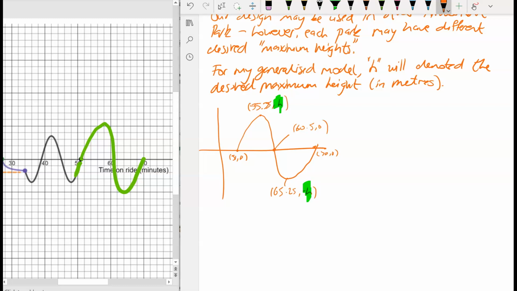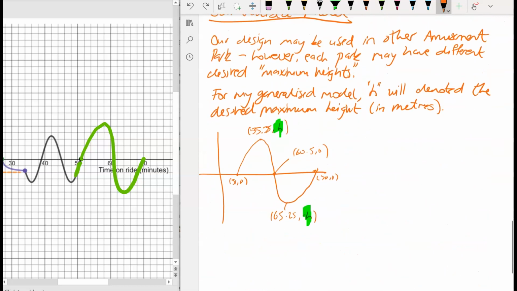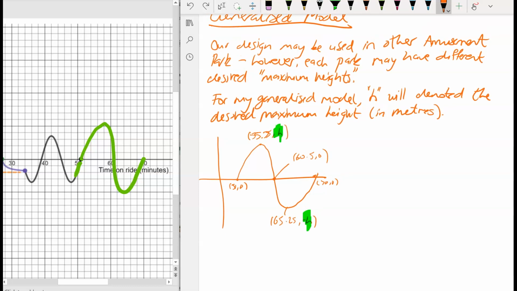Now, in our original formula, we had it up top here, we had the 10. We don't know what the 10 is now, but we do know the amplitude. So in our generalized model, the amplitude will now be h meters.